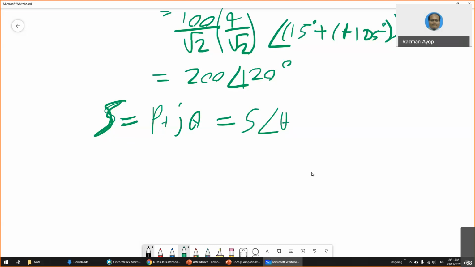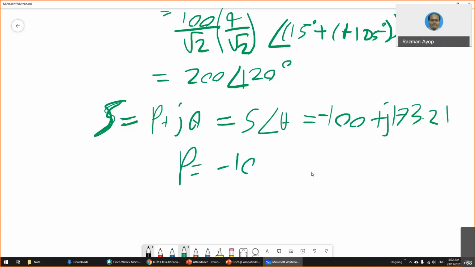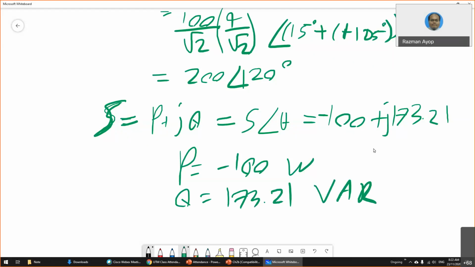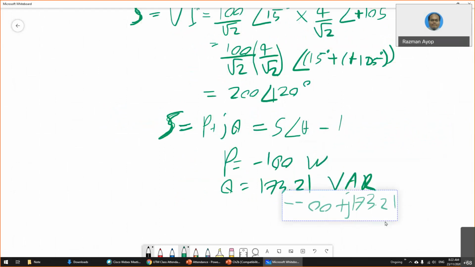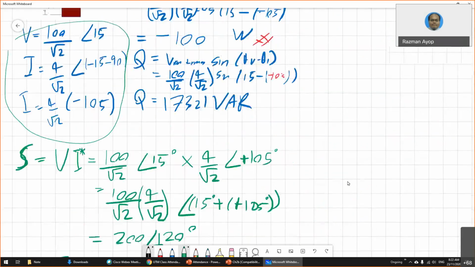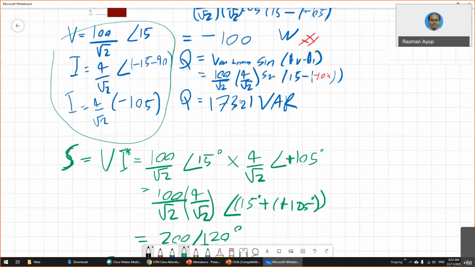So you get negative 100 plus 173.21 j. So you can see that P is equal to negative 100 watt, and Q is positive 173.21 VAR. So the answer should be the same. Okay, so it is the same.